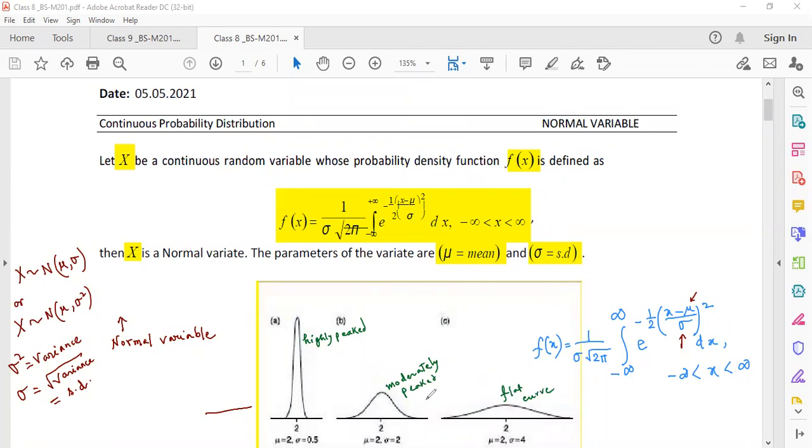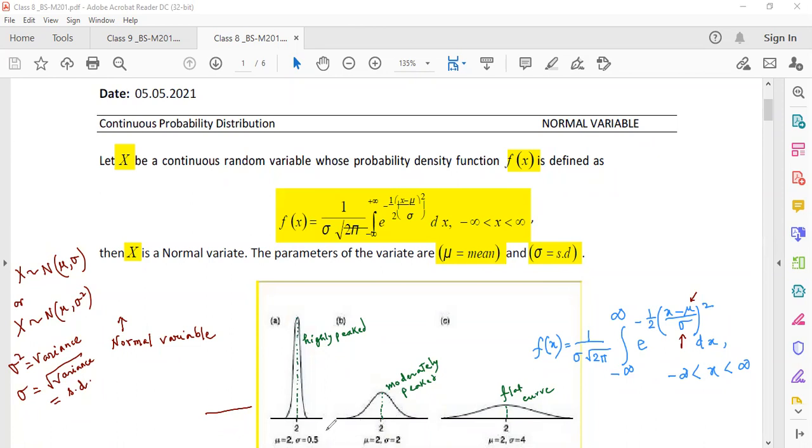What are the similarities? If you look carefully, you will find that if you draw a vertical line, it will touch at the point 2. And you can say immediately that mean, that is mu, of these different functions, they are actually same.